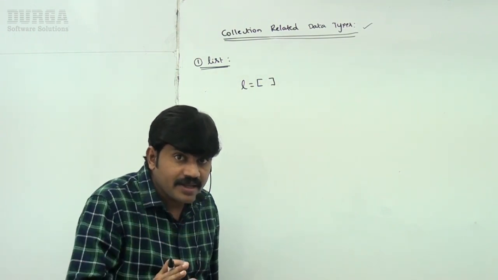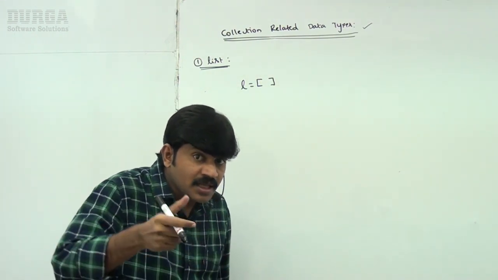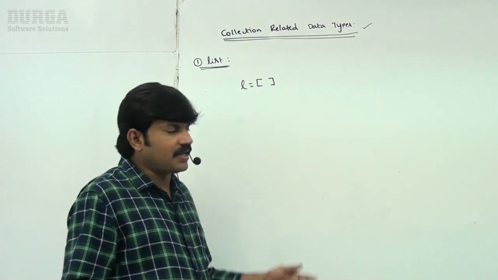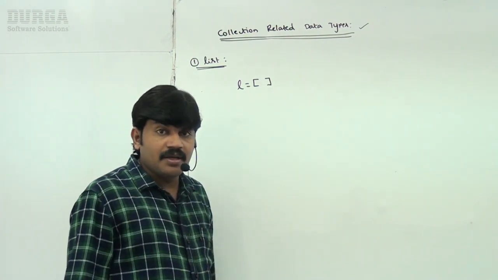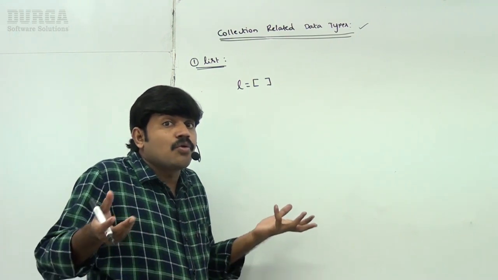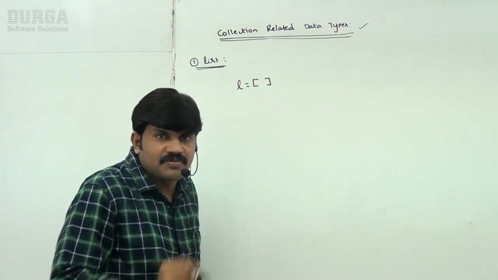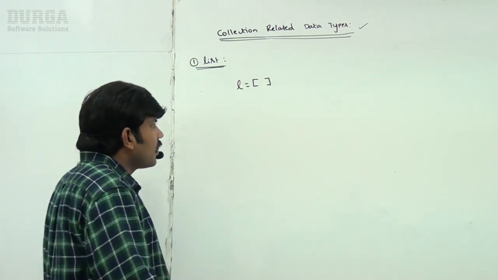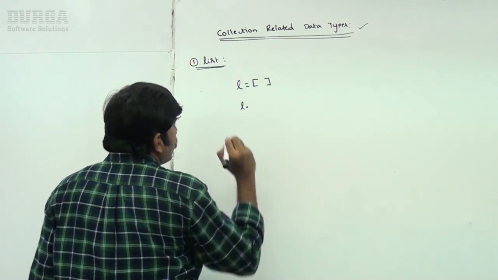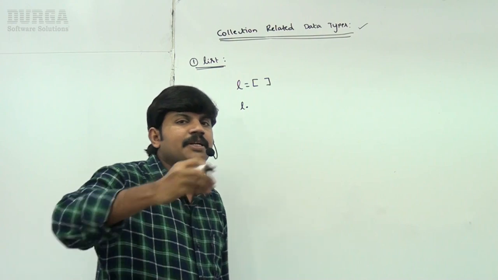We are creating a list which is empty, because I am not specifying any elements, right? Yes, creation of an empty list. Being a Python developer, lakhs, crores of times you will require this type of syntax. How to create an empty list? Just I created it, right?